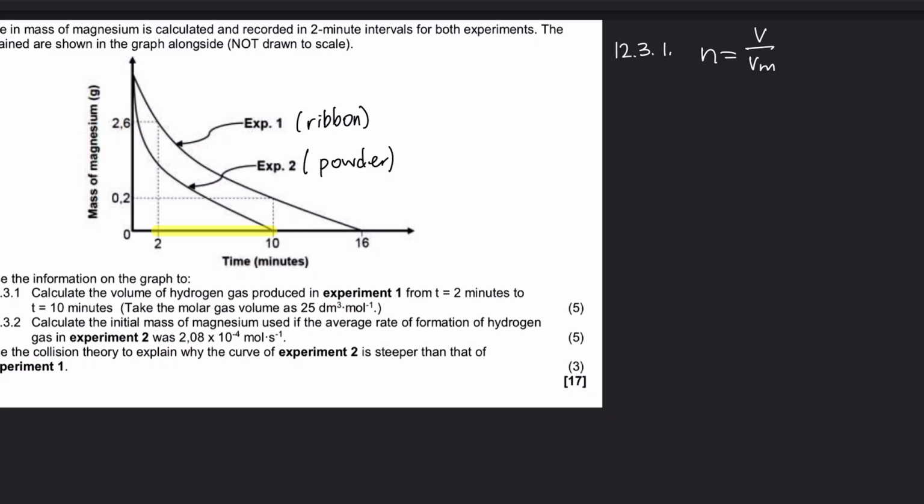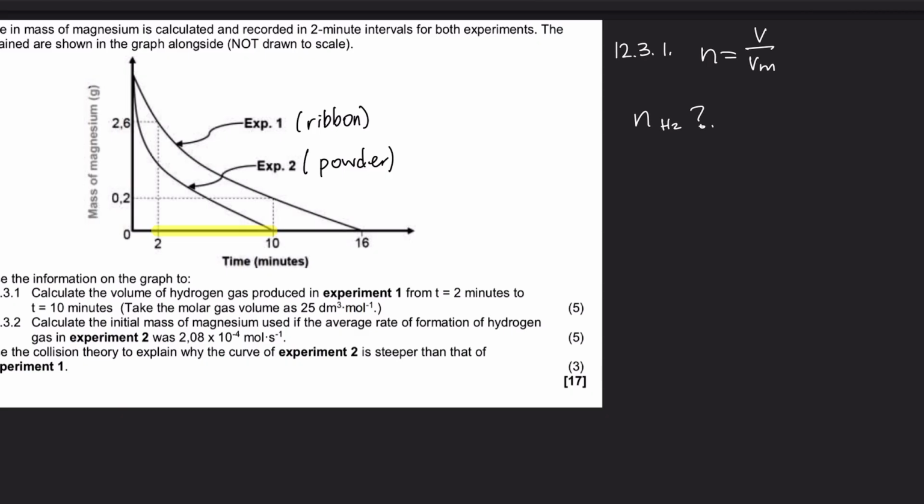We don't know that, so we need to calculate it. We look at our graph, which gives us the mass of magnesium. We can use the graph to calculate the number of moles of magnesium and then use a mole ratio to get the number of moles of hydrogen.